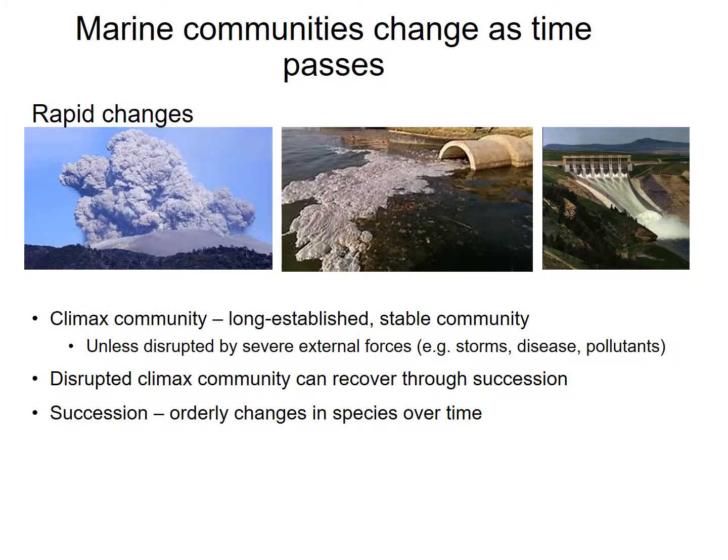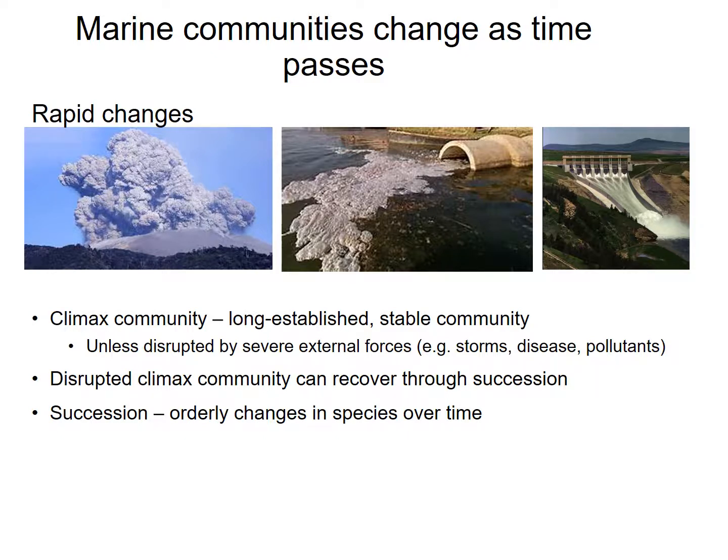Marine communities change as time passes. Rapid changes, and I put three examples up there. One is a volcanic eruption. The other would be a spillage of sewage, and the other that could upset marine communities is putting in a dam.